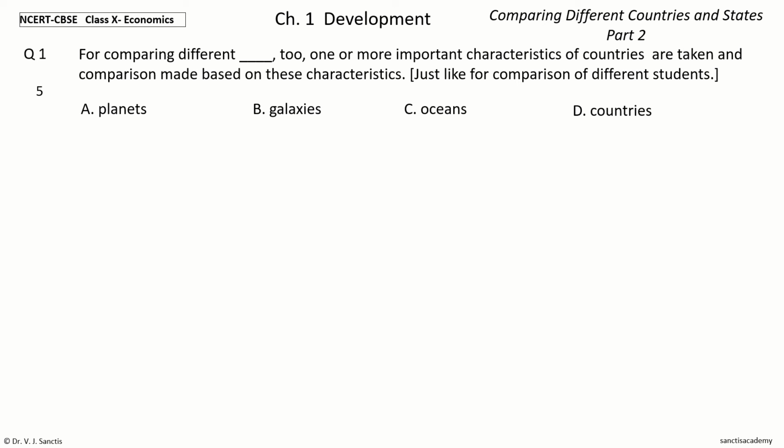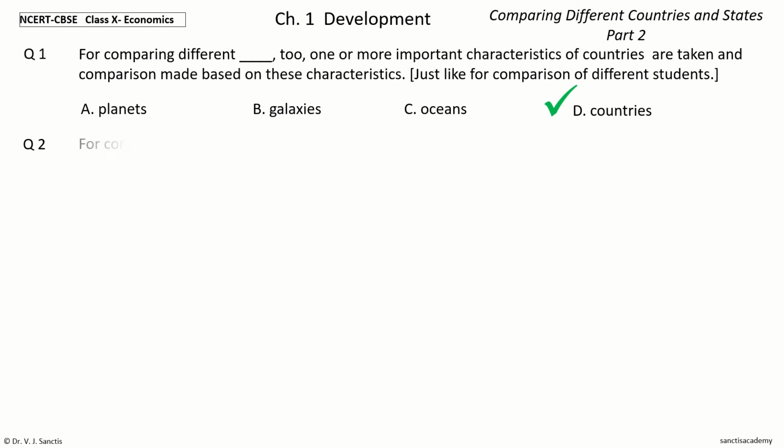Your time to choose. And the answer is countries. So, for comparing different countries, one or more important characteristics of countries are taken and comparison is made based on these characteristics, just like for comparison of different students.